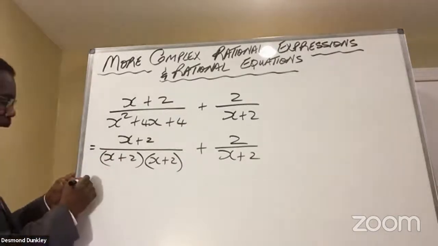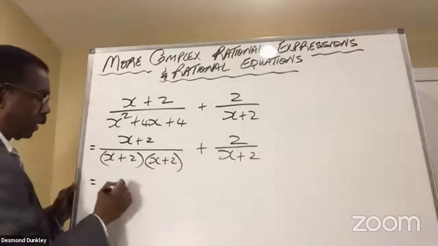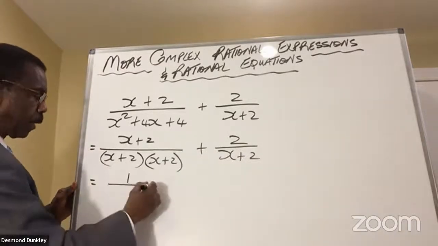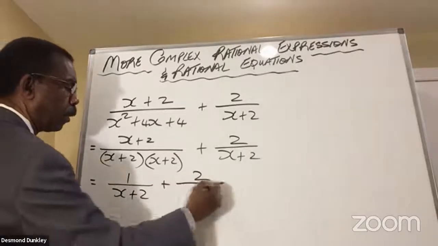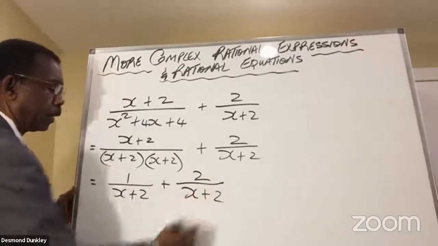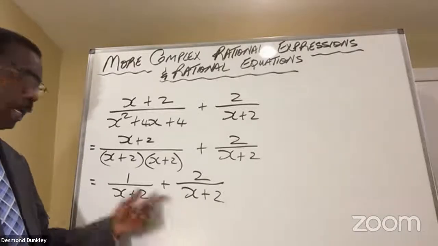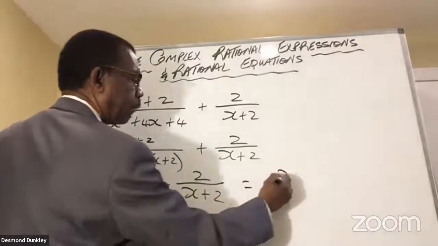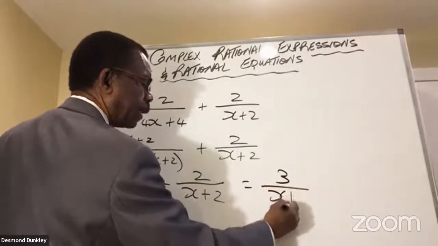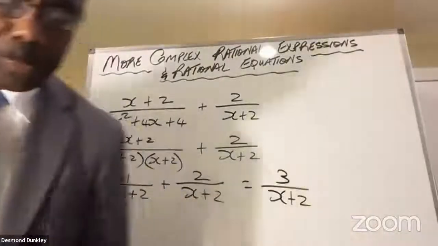So technically we have 1 over x plus 2 plus 2 over x plus 2. The denominators are the same, so we can put them together and just add the numerators. So we end up with 3 over x plus 2. So that was a pretty cool ending for that one.